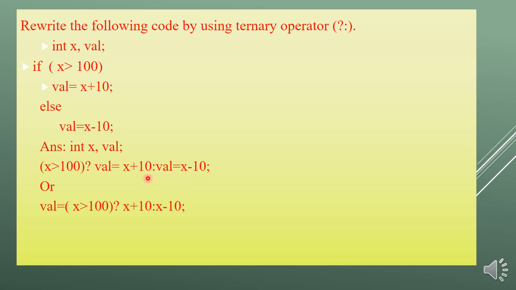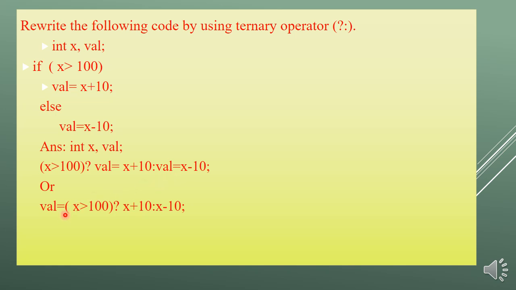How does it work? Here the working is same. Condition is tested. If the condition returns a true value, this expression will be executed, and if the condition returns a false value, the second expression, that is var equal to x minus 10, will be executed. And also, as we have seen in the previous example, we can rewrite this statement into more compact form like this.